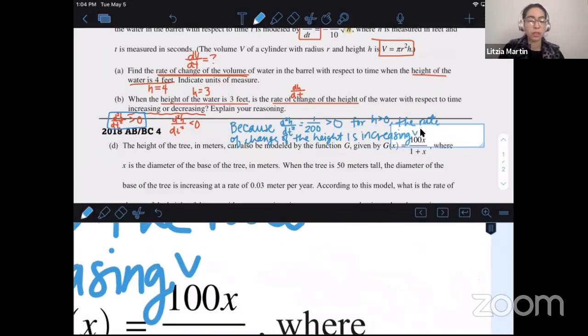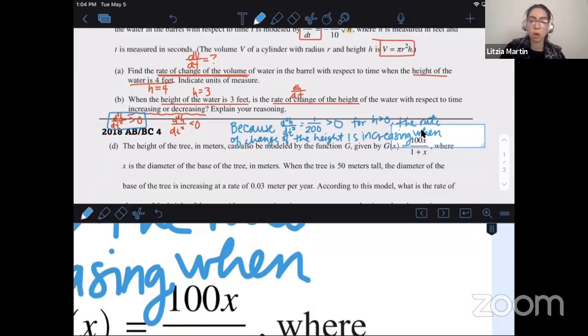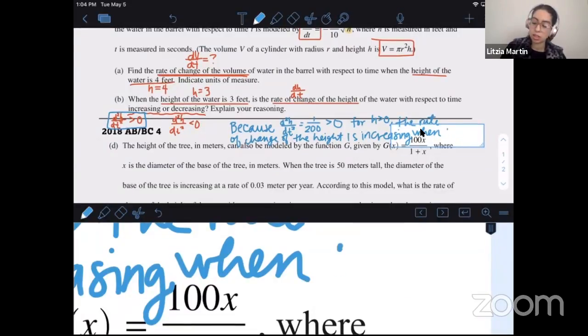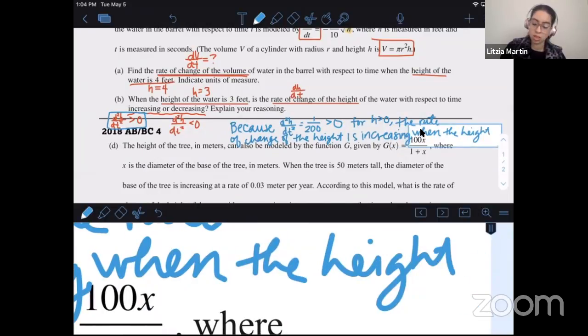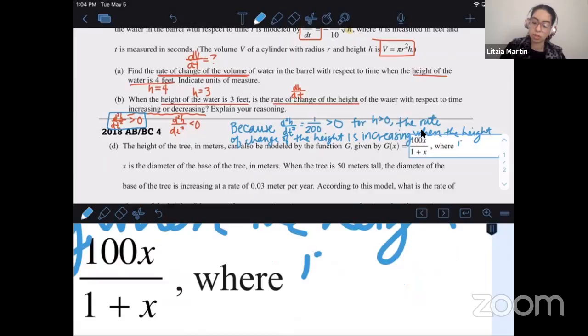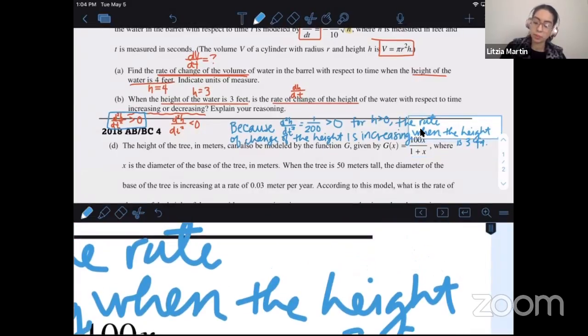And the question was specifically asking for when the height of the water is 3 feet, so we can say when the height of the water is 3 feet.